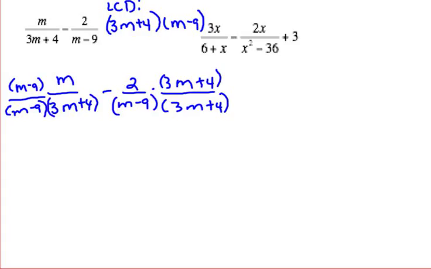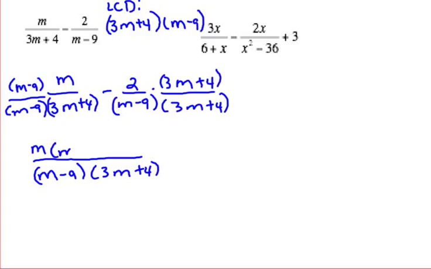And now my common denominator is m minus 9 times a quantity 3m plus 4. And here I have m times m minus 9 minus 2 times 3m plus 4.